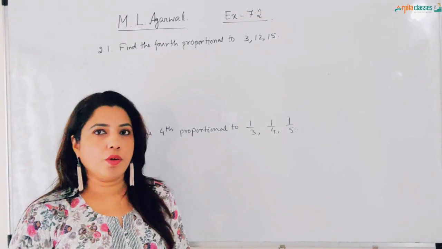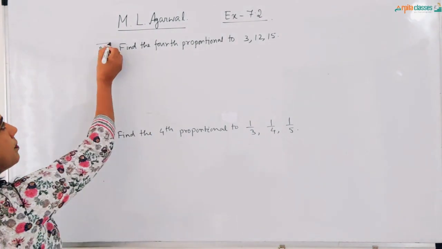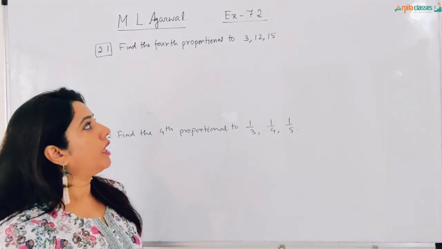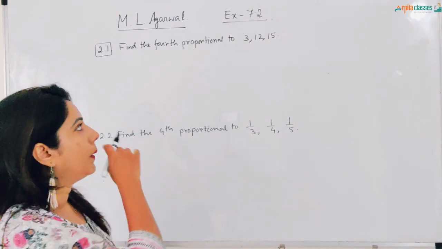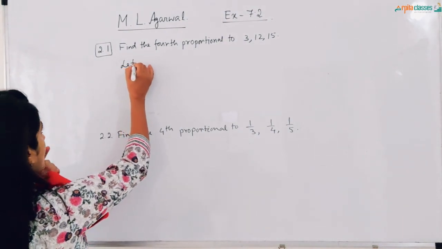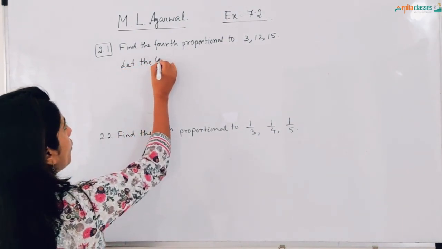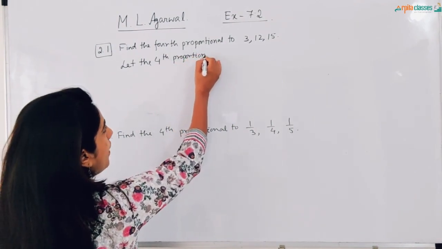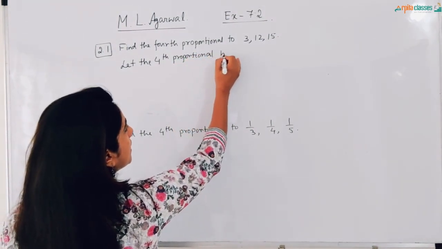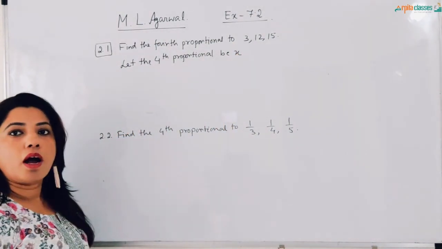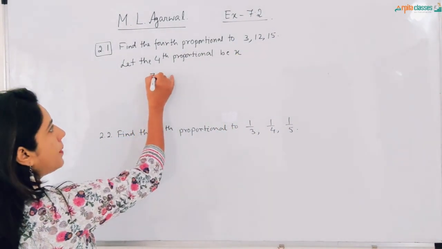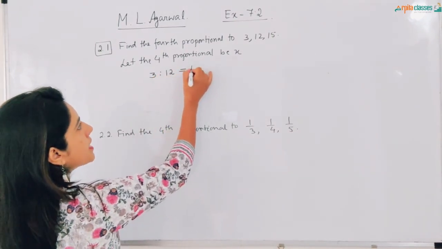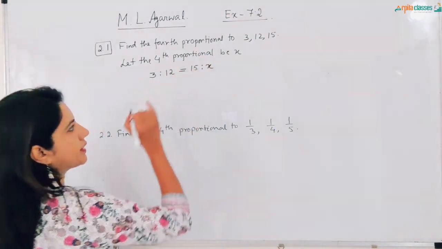The next question, 2.1, question number 2.1. Find the fourth proportional to 3, 12, 15. So, let the fourth proportional be x. When they are asking to find it out, we will consider that as x. Now, how can we write it down? If 4 numbers are in proportion, we write 3 is to 12 is equal to 15 is to x.